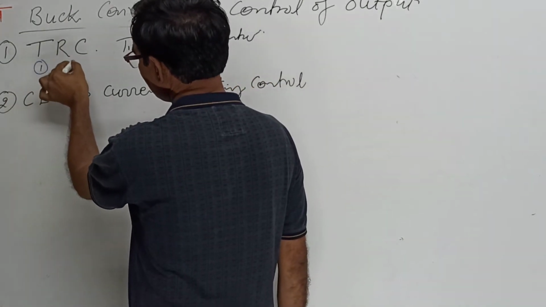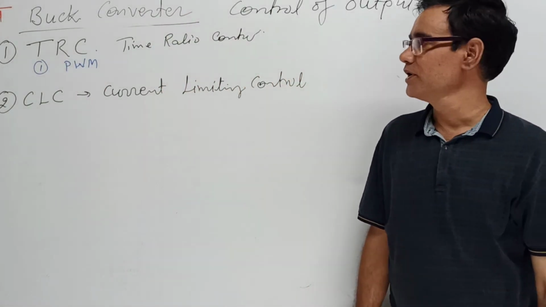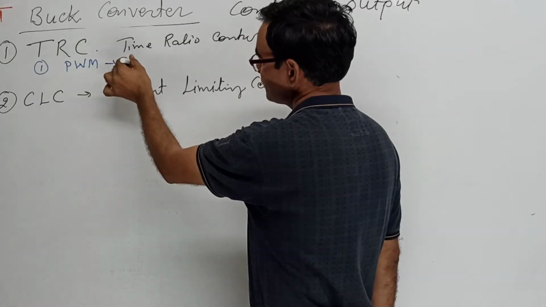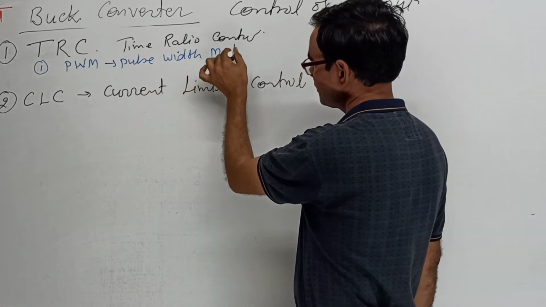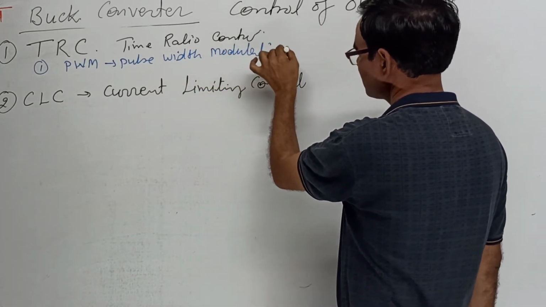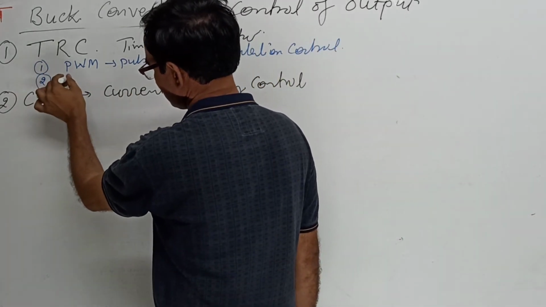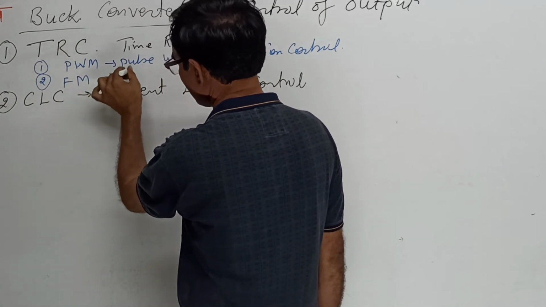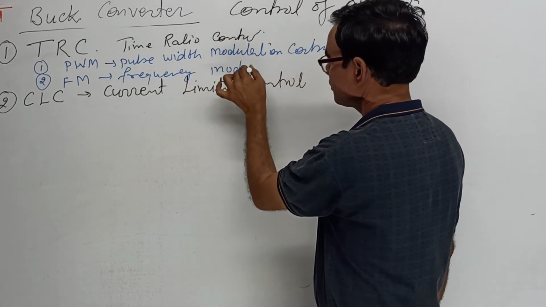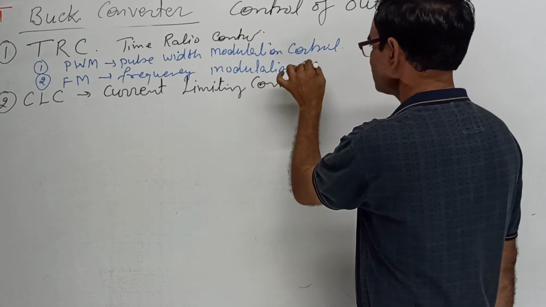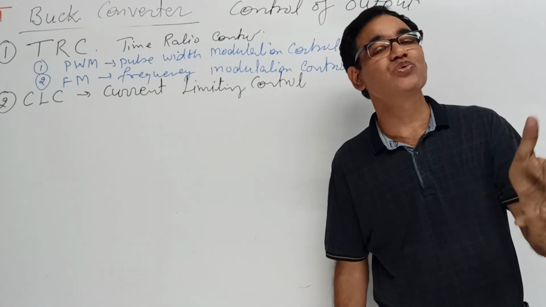One is PWM, pulse width modulation control. And second is frequency modulation, FM, frequency modulation control. So these are the different controlling techniques on converters.